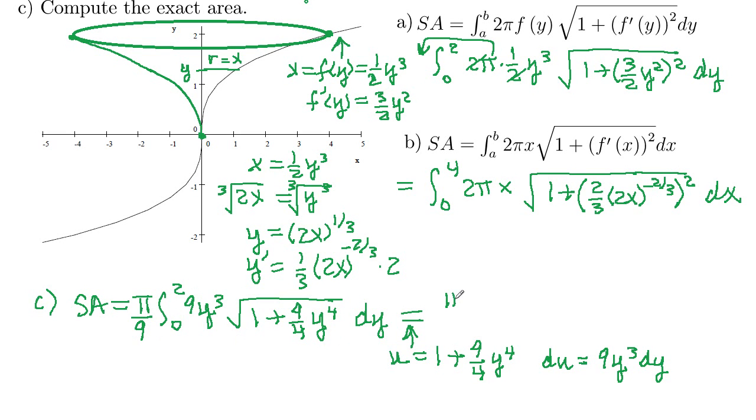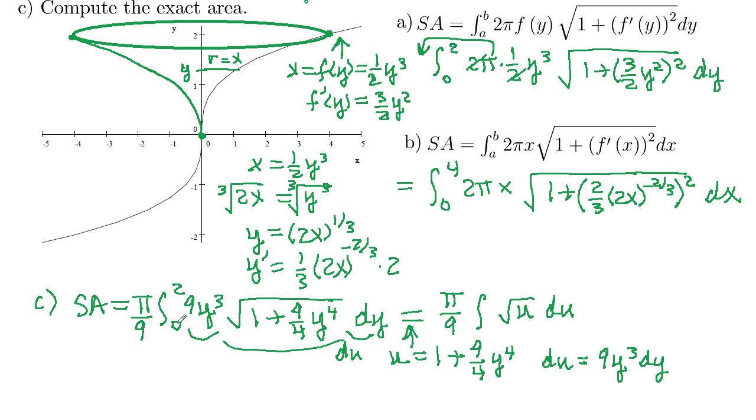So we will have pi over 9 and integral 9y cubed dy, so these two here make up your du. And then this is u on the inside of the square root, so root u.